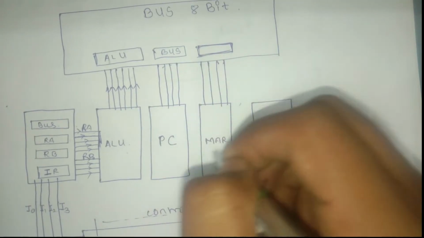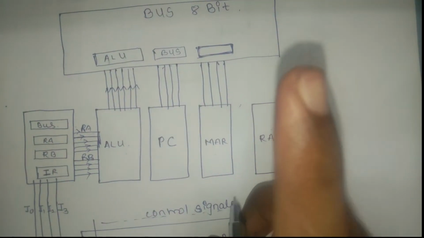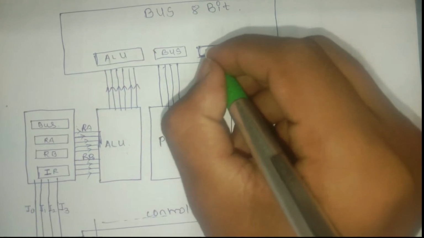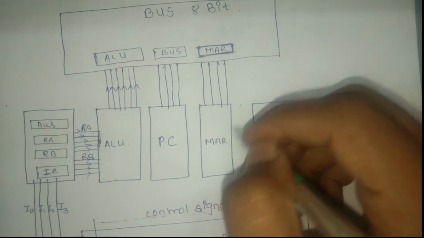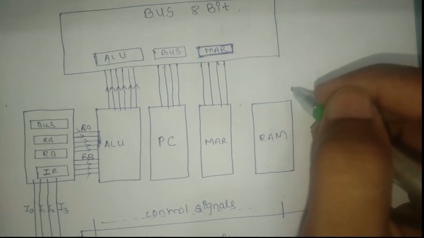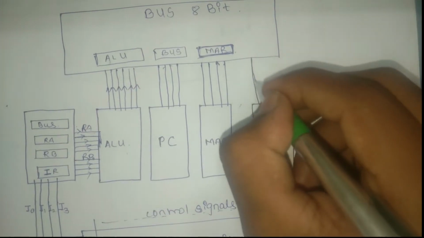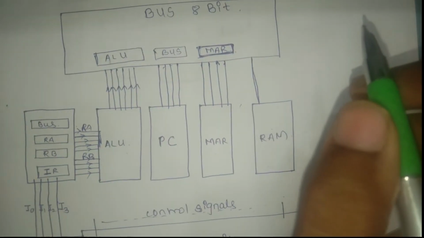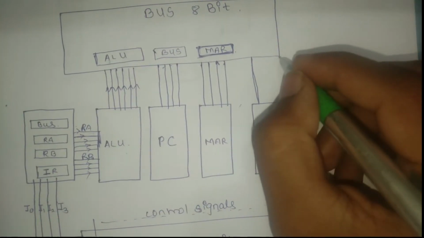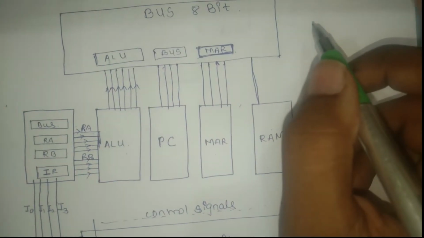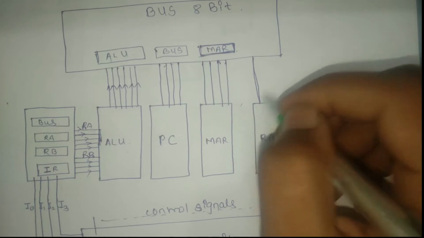If you have not watched that video, here is the link, you can check it out. So here is our memory address register. It is also 4-bit, and here is our RAM. There will be two connections coming out from RAM. One is the 8-bit data, where the RAM outputs its value onto the bus.